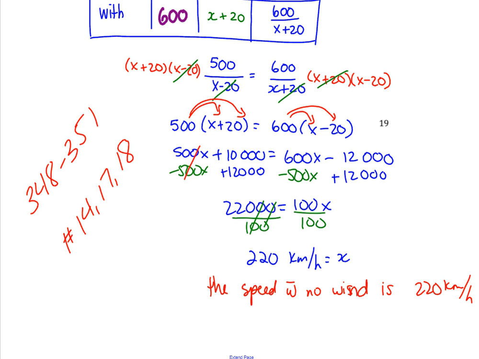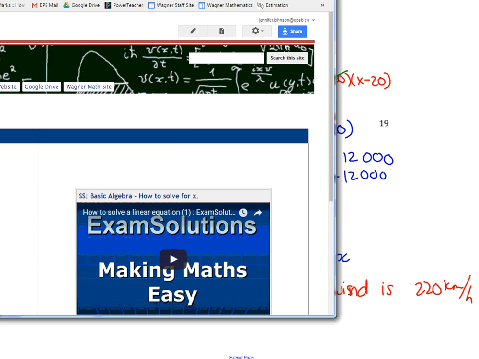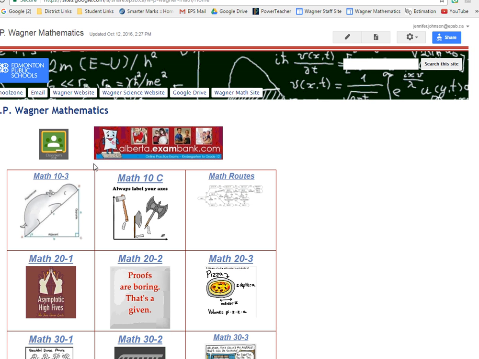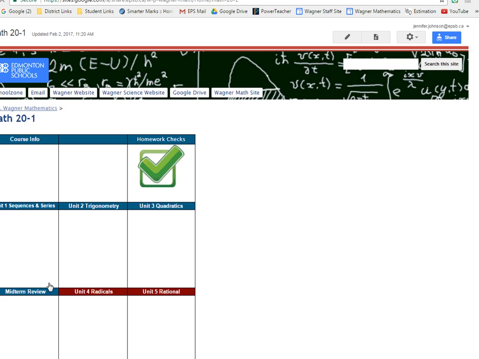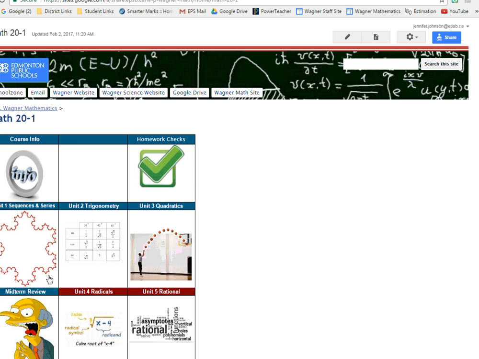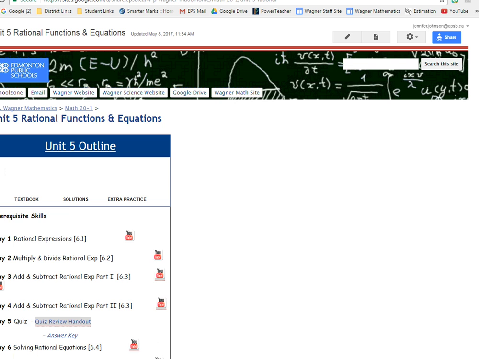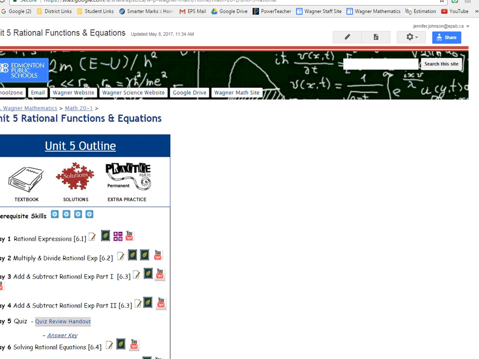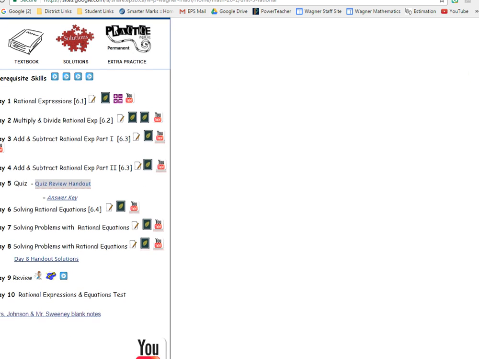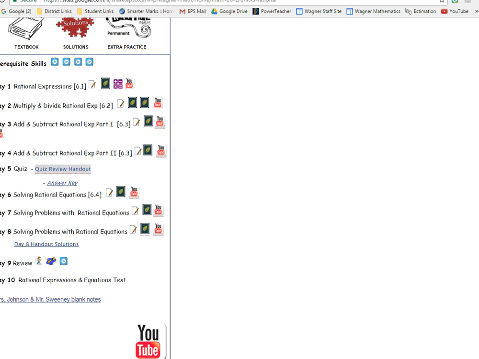The worked out solutions are on the math website. I did fix it, so the link is up again. No idea what happened. If you go to our unit, which is rational expressions, and look down the very bottom, it says handout solutions.